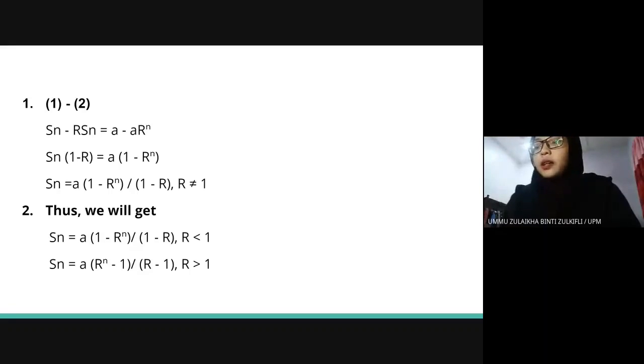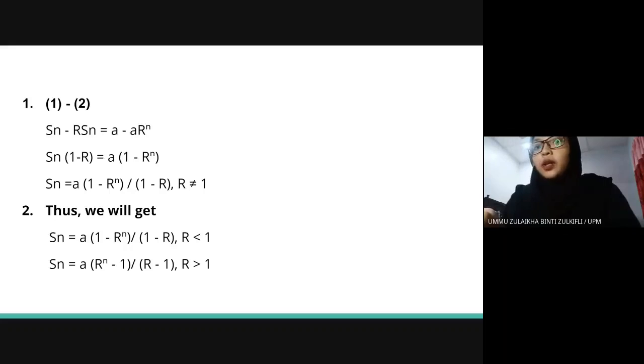We take the 1 minus R on the left side to the right side. Then we get Sn equal to A multiplied by 1 minus R to the power of n over 1 minus R, where R must not equal 1 because the denominator must not equal 0.